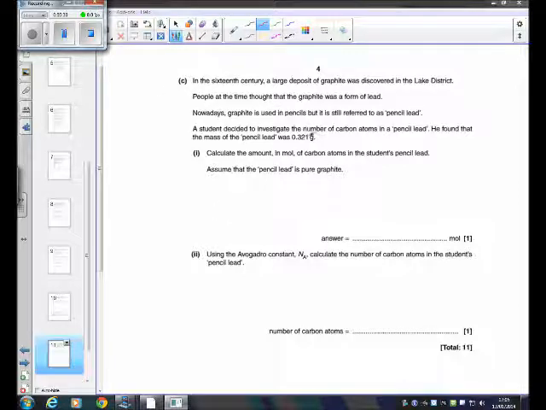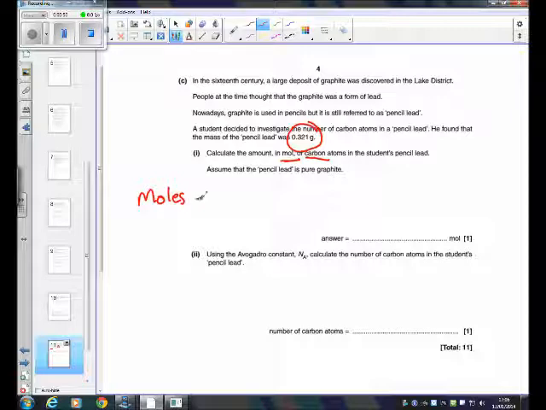So, here the key information is this mass number here, 0.321 grams. The rest we need to calculate moles and also carbon. Okay, so moles, we can use this equation. Moles is equal to mass over Mr. So we know the mass is 0.321, and from our periodic table, the atomic mass for carbon is 12.